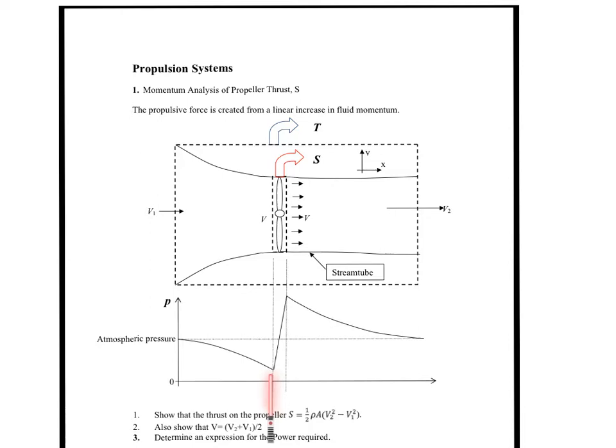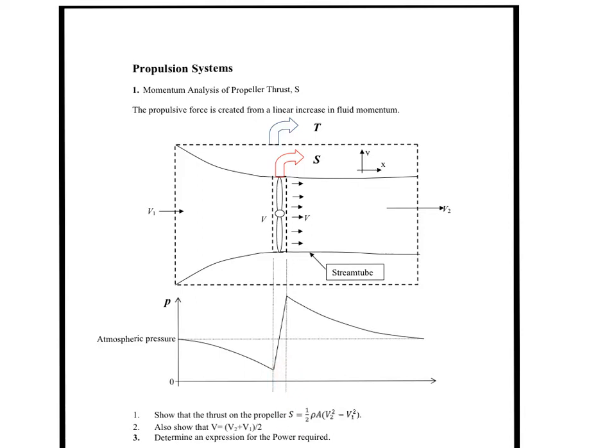What the propeller essentially does, through its configuration, is increase the pressure after the propeller, and as we move away from the propeller, the pressure again drops until very far away atmospheric pressure is restored. As you can see, pressure increases across the propeller.